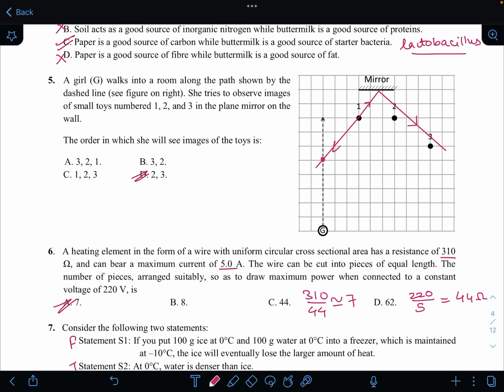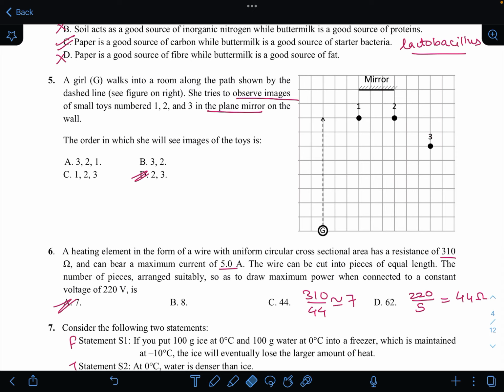Now the girl can see it from here, but it is said that she tries to observe the images of the toys in the plane mirror. So this won't be observable in the plane mirror. That is the important point here. So figure number 1 won't be visible. So options A and C will go away, because 1 will not be visible.